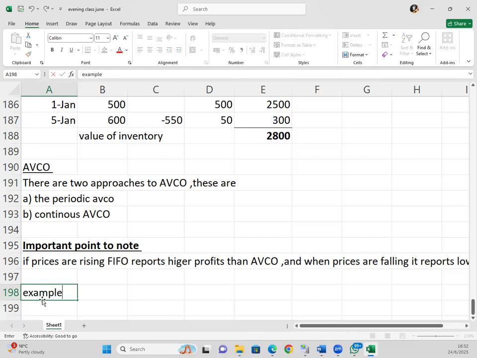Example, using FIFO, periodic AFCO, and continuous AFCO.